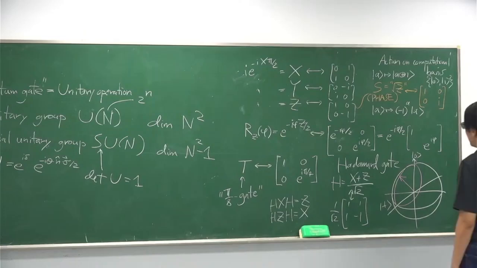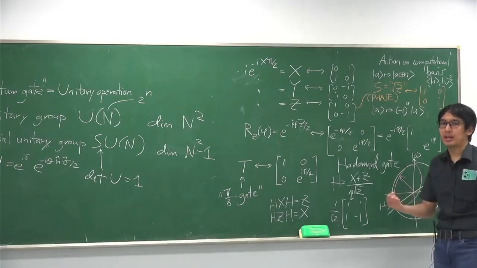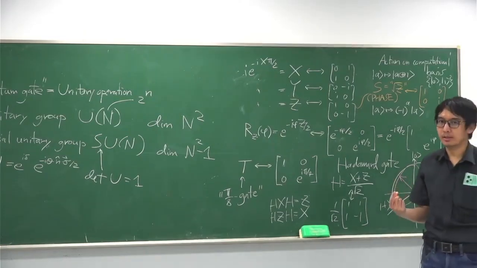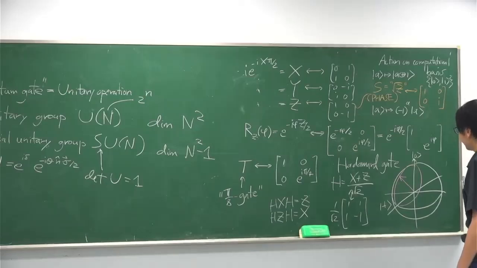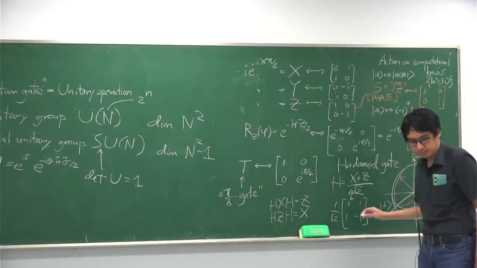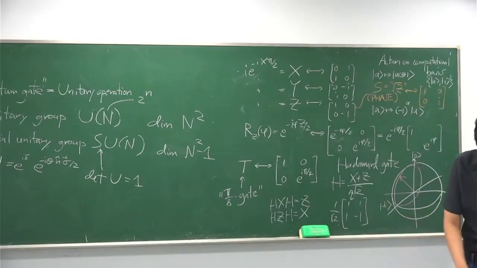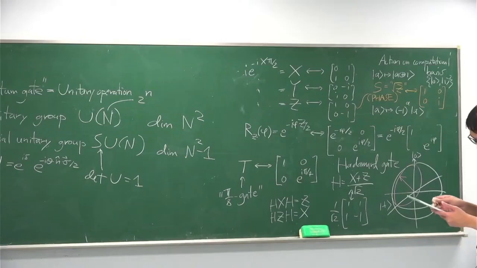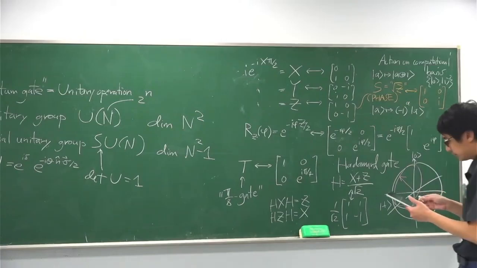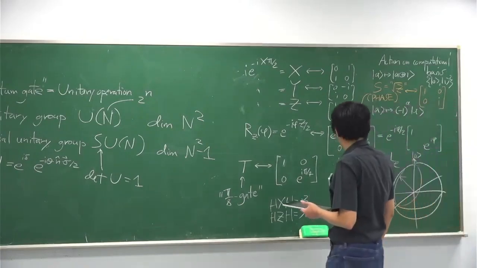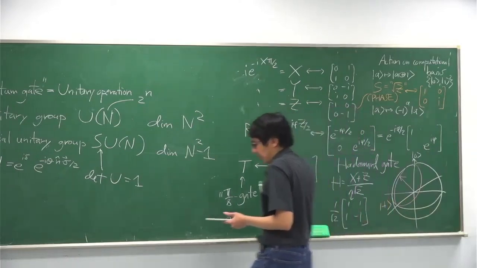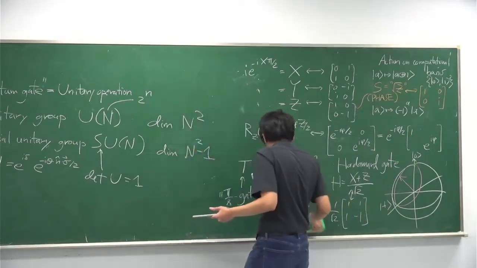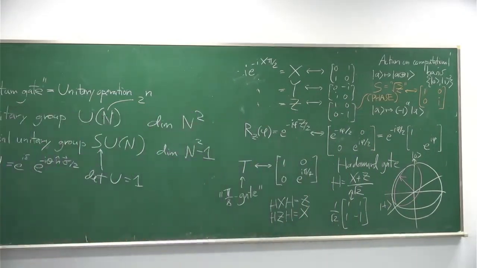And so I would need to apply this 4 times to return to the original state. And I can write the algebraic identity involving the S gate as well.